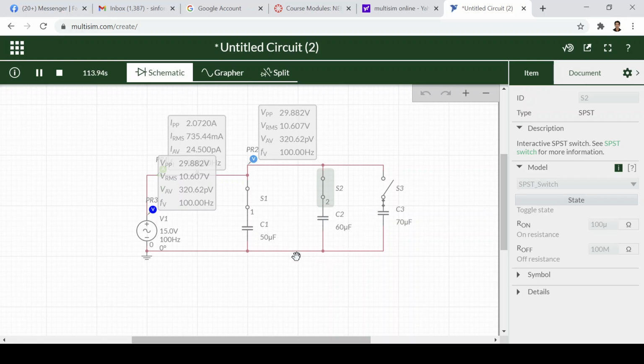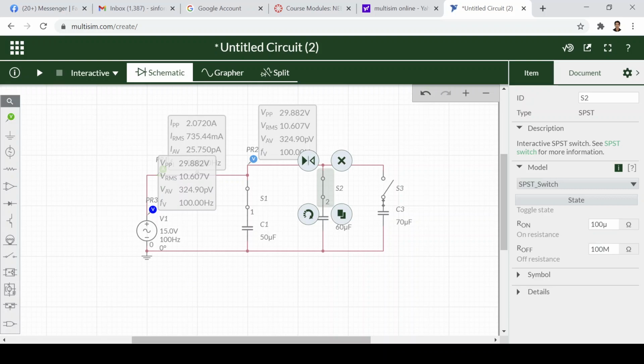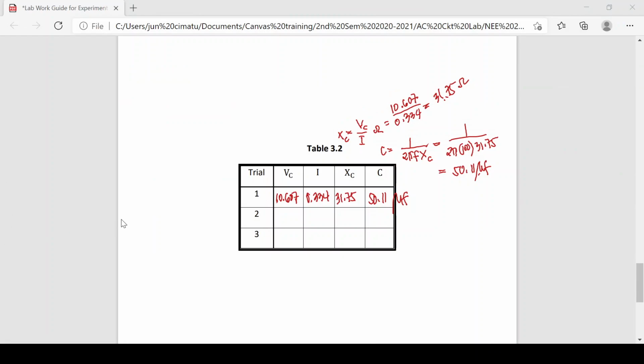Capacitors connected in series decrease the total value of the capacitance in the circuit.